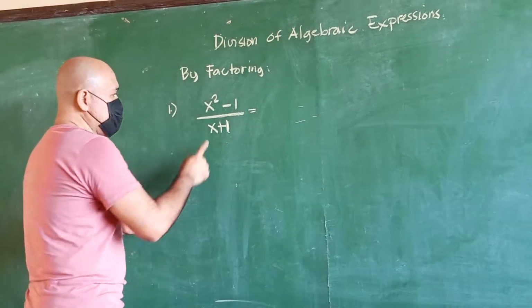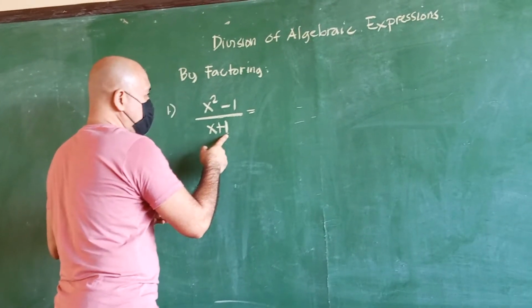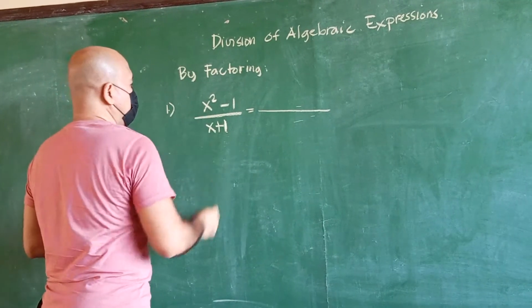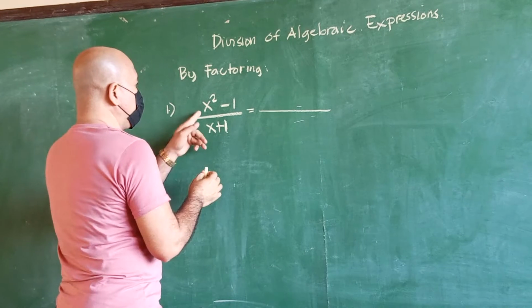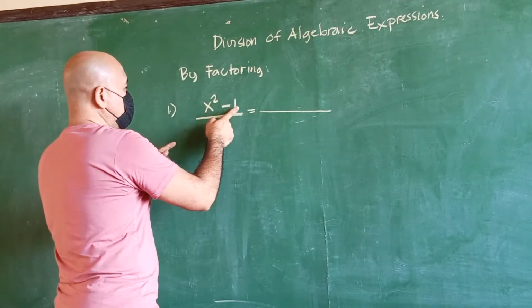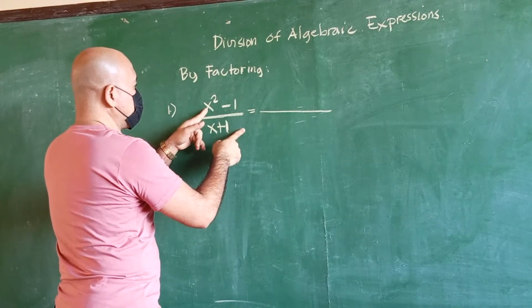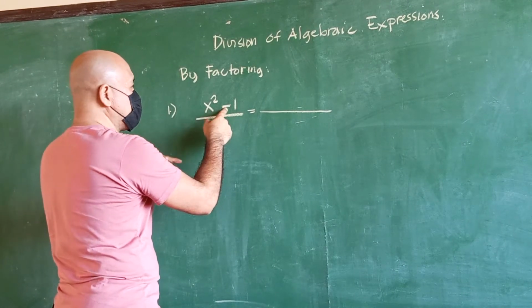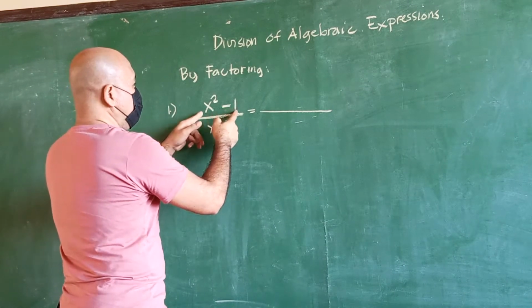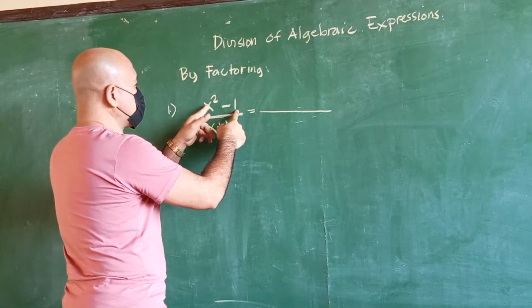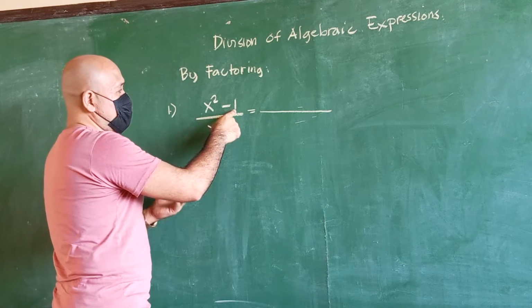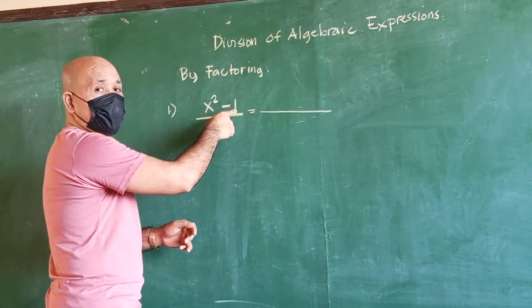Since x plus 1 cannot be factored, try to work on the numerator. If you can still recall, in x squared minus 1, the first term is a perfect square, the second term is a perfect square, and the operation is minus. So x squared minus 1 is a binomial that is the difference of two squares.